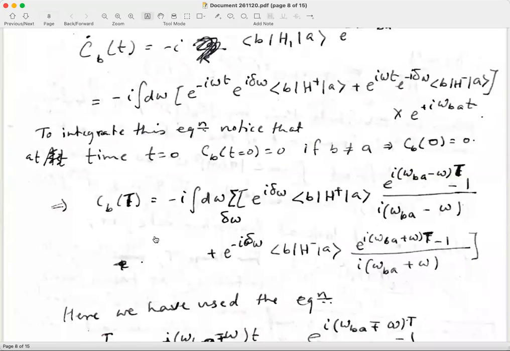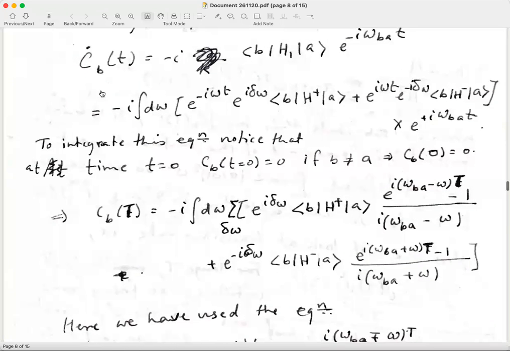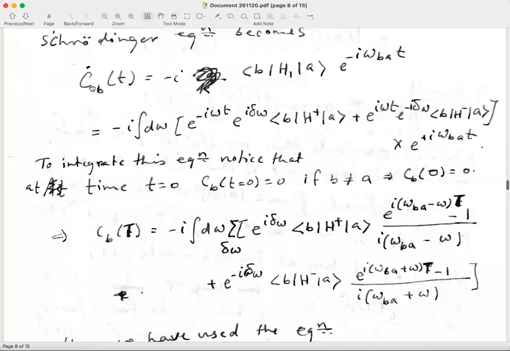Fine. Now, the left hand side involves CB dot. We have to solve for CB, so we have to integrate this quantity, but this integration requires one boundary condition, which we know trivially: at time t equals 0, CB was 0.